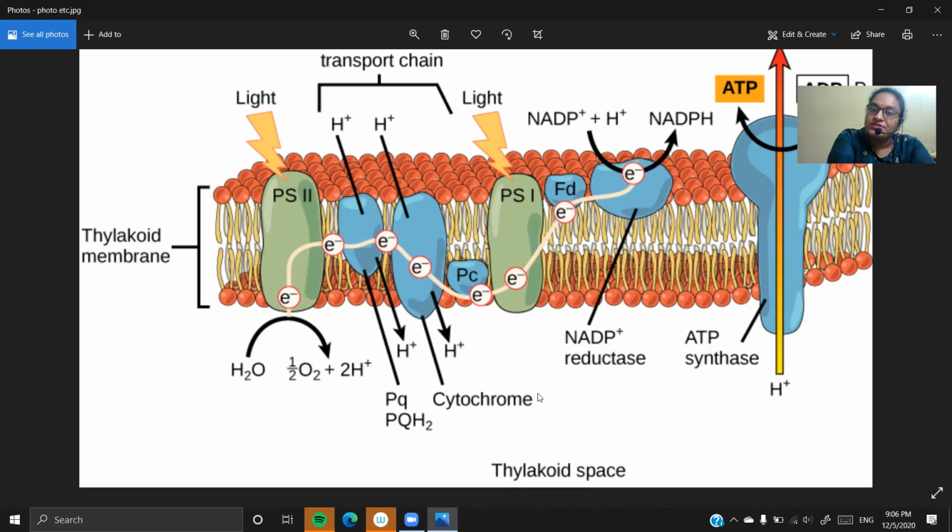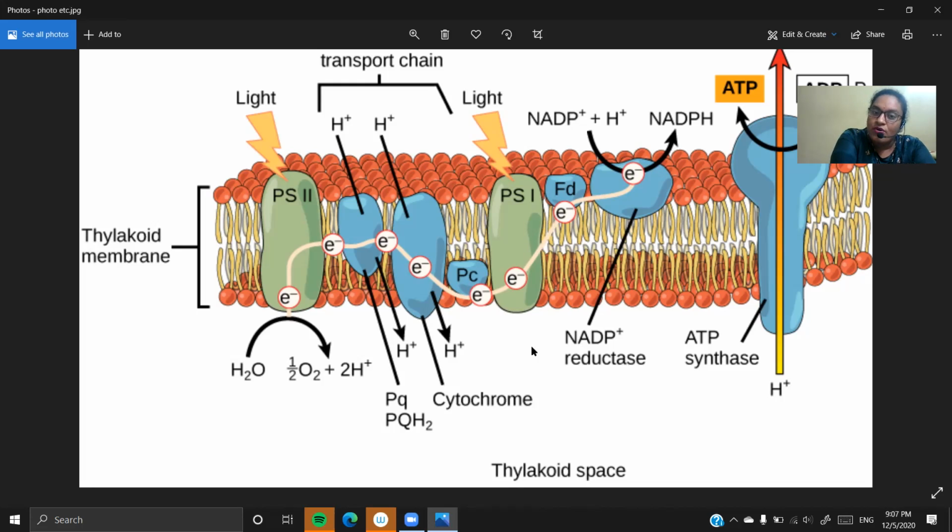Now as the concentration of the protons is going to be higher here, the protons are going to move through the ATP synthase. Now what happens, children, is the ATP synthase is going to spin and the energy is used to combine the ADP with the inorganic phosphate to produce what? ATP. Which side is that? The stroma of your chloroplast.